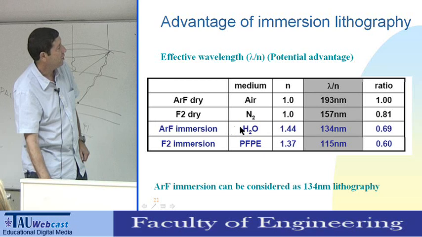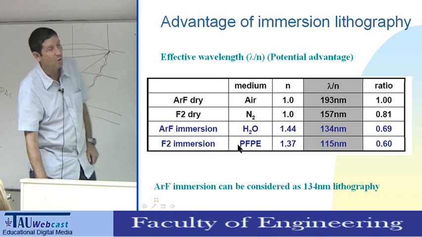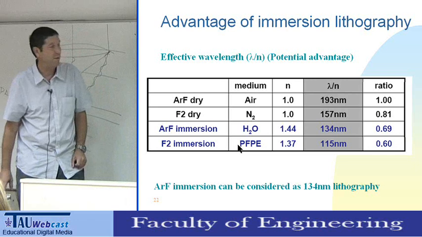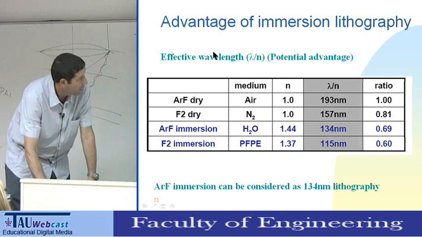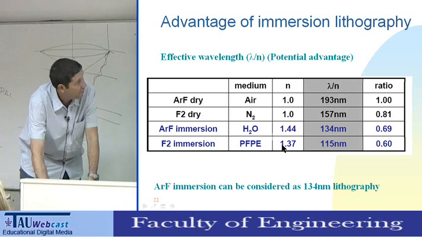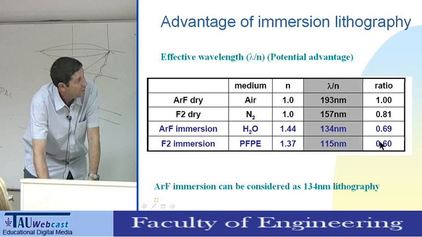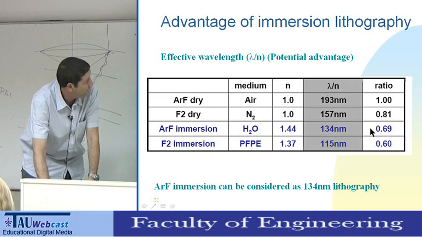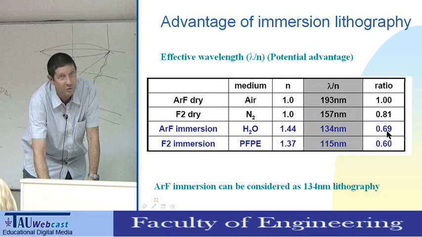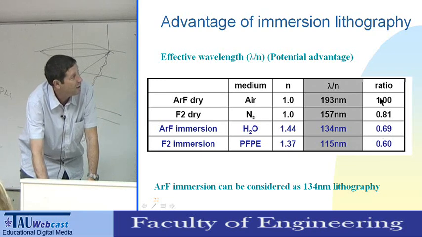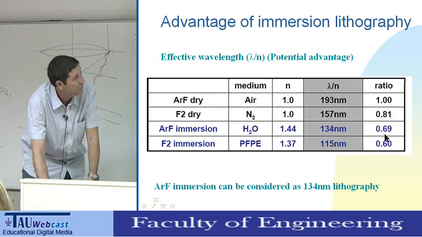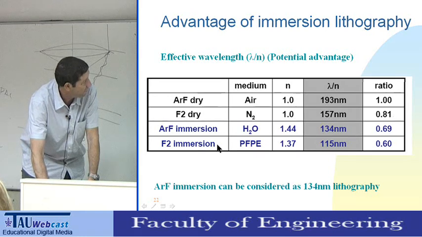Argon fluoride immersion in water, n is 1.44. And for F2 immersion, people don't use water, they use an organic fluid, a PFP, some kind of organic liquid. But here n is 1.37. So you gain only this: argon fluoride immersion improves the resolution to 0.7 or 0.69 of the dry resolution. This is what you get with F2 immersion.